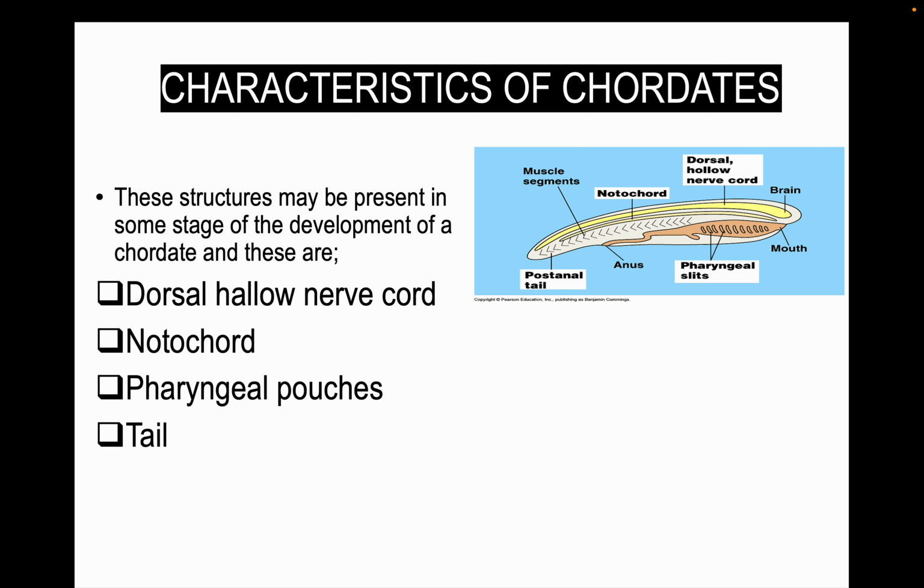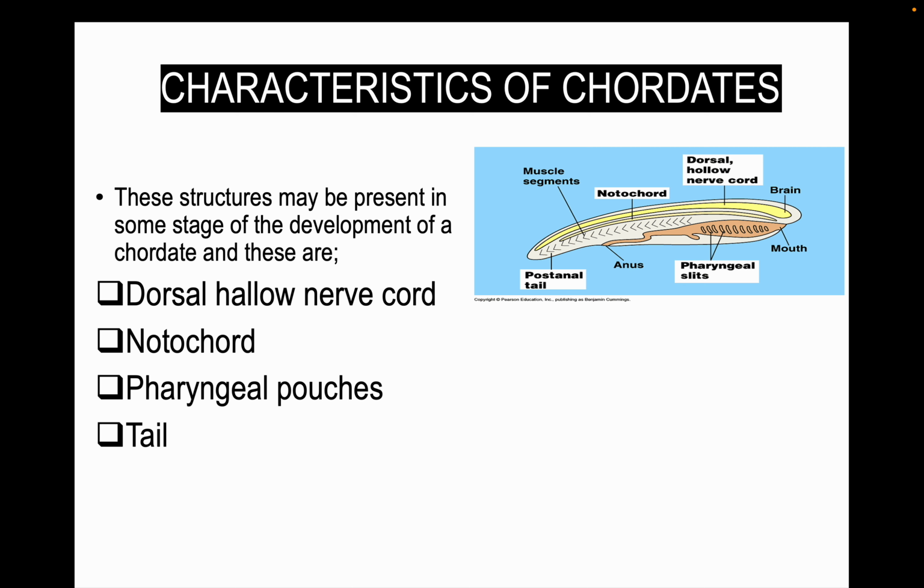So four key structures. We have a dorsal hollow nerve cord, which is the most dorsal among these structures. Below it is a notochord.